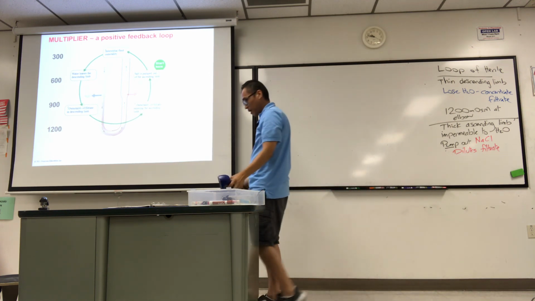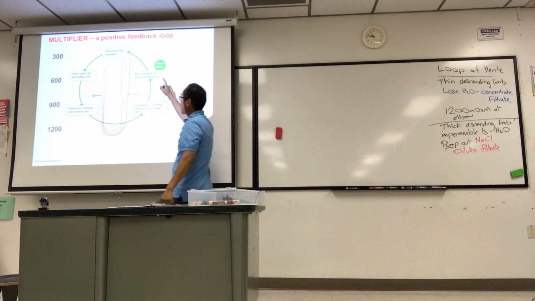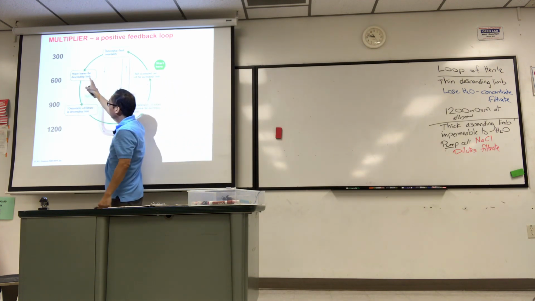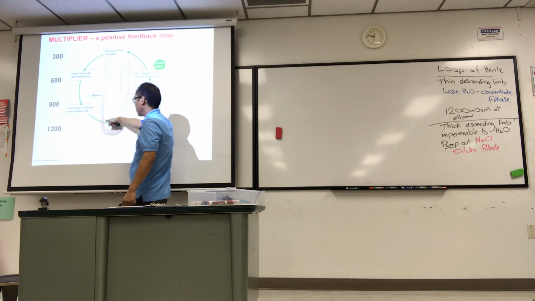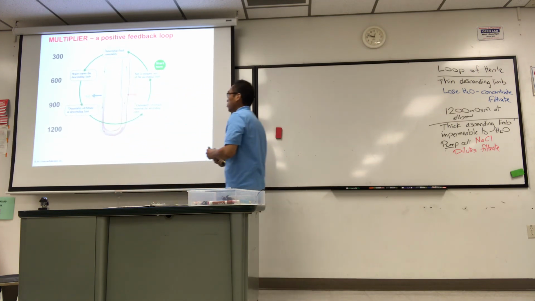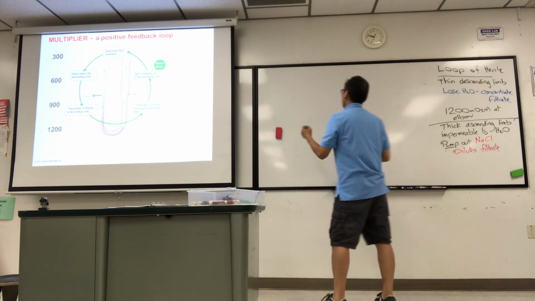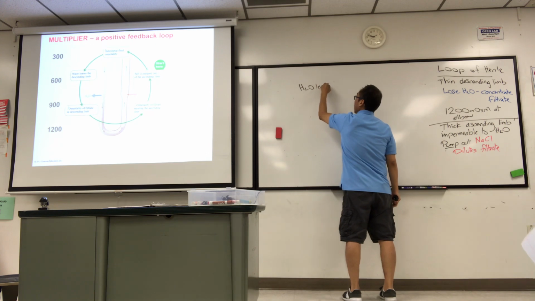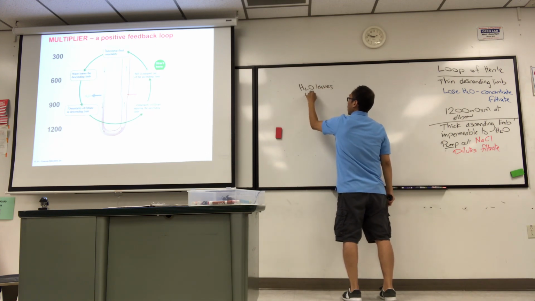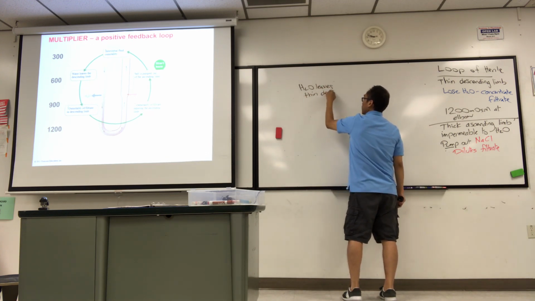Since it's a loop, I can start anywhere. And I don't like to start where they want to. I like to start where we began, where water leaves the descending limb, because that's the beginning of where it flows down and up. So that's where I'll start. So water leaves, then descending limb.